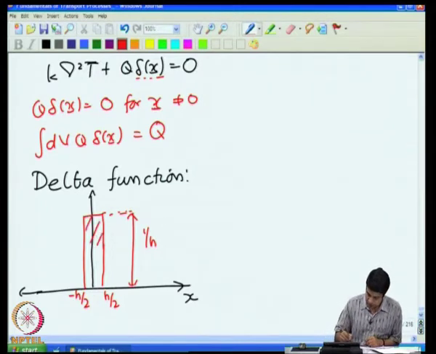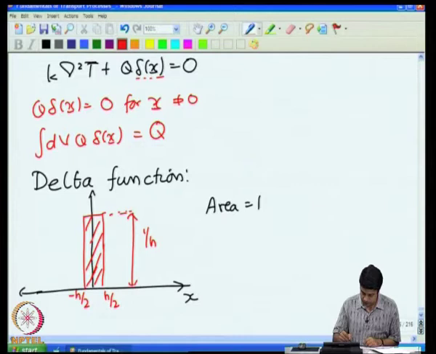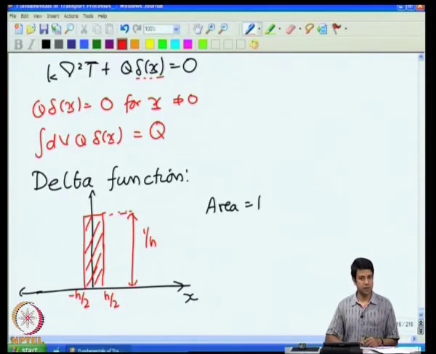The total area under the curve is going to be equal to 1. The reason is that the width of this function is h, the height is 1 over h. I multiply the two, therefore, I will get just 1.